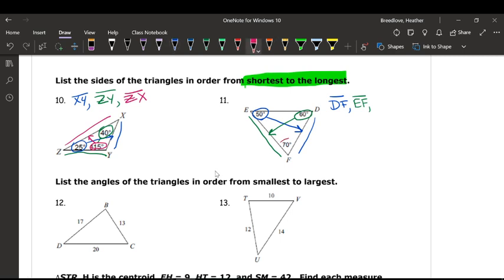So then the largest angle is 70 degrees, which makes the longest side ED. So ED is the longest side.